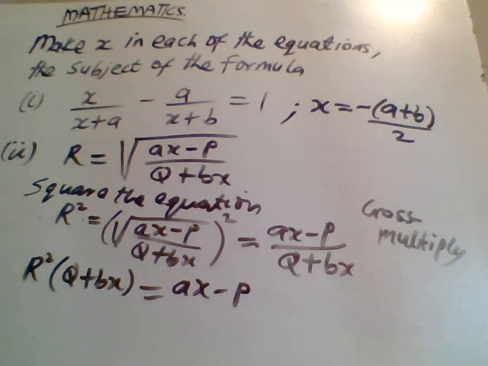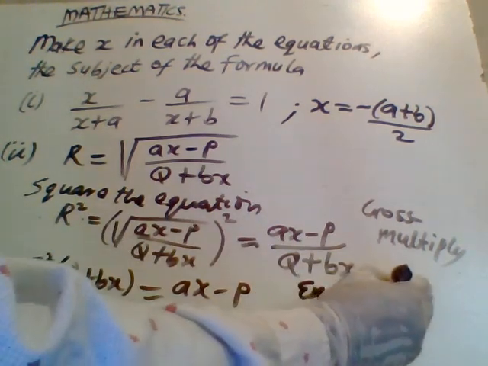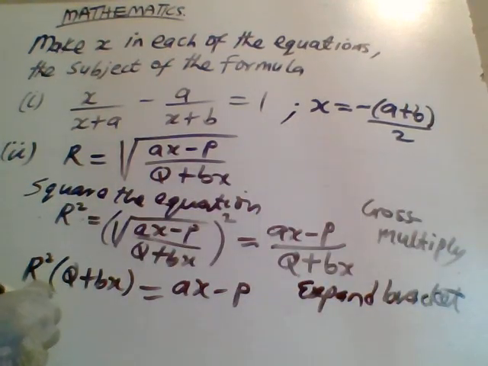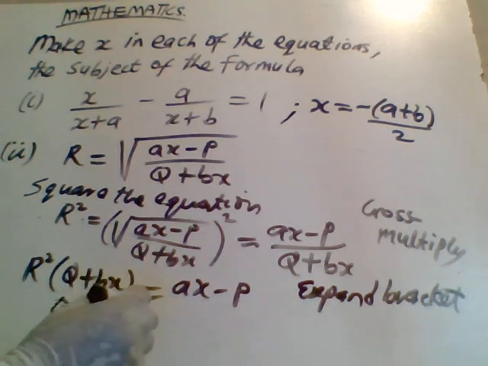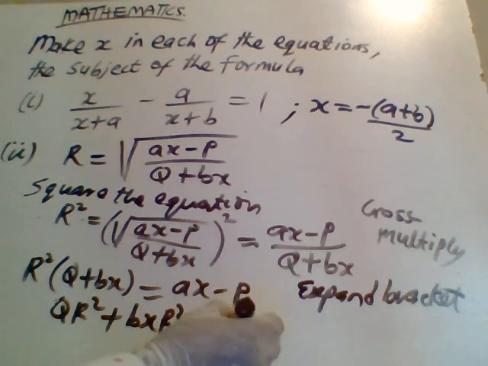So at this point, you expand the bracket. Expanding the bracket, you have q r squared plus bx r squared is equal to ax minus p.